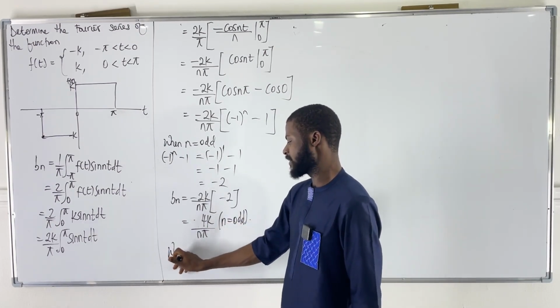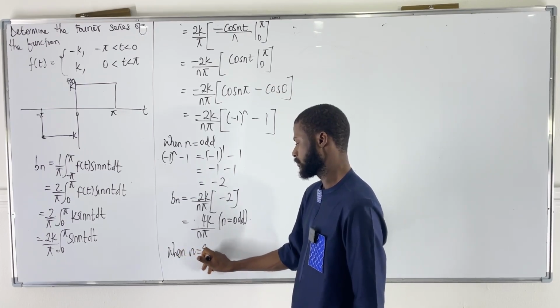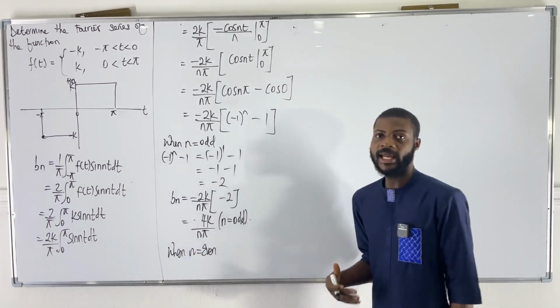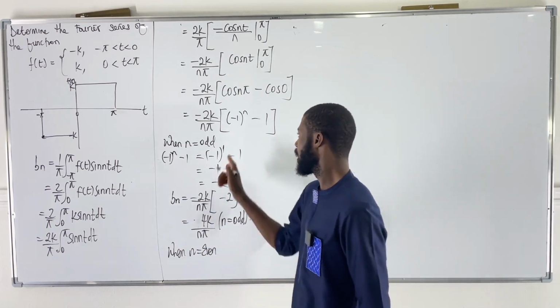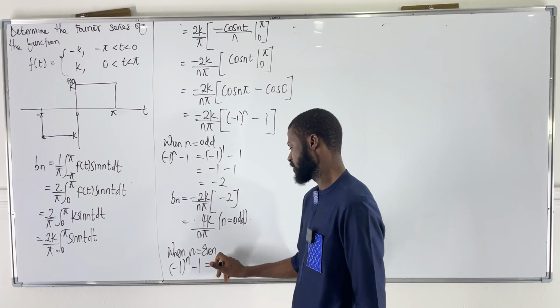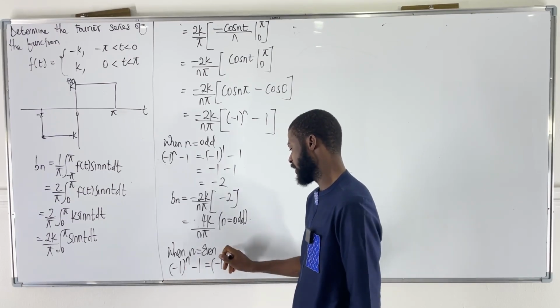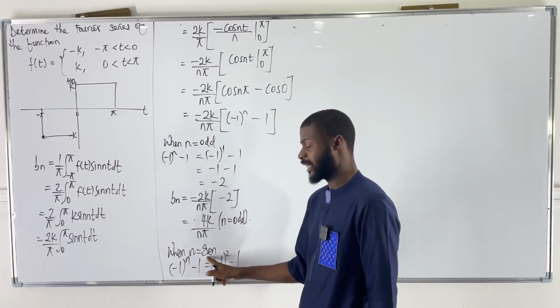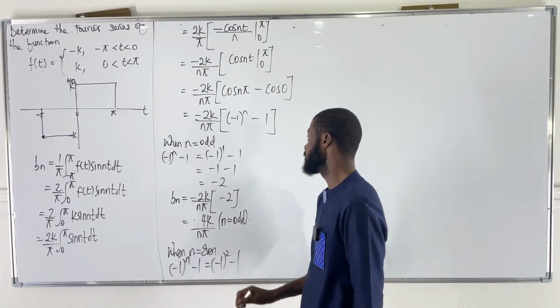Next, when n is even. When n is even, our bracket is minus 1 to the power of n minus 1. This n you see here is 2. We're picking an even number, so we want to pick 2 because 2 is even.